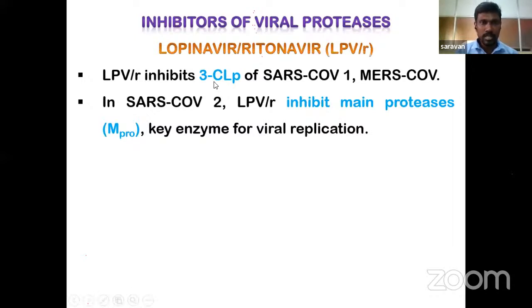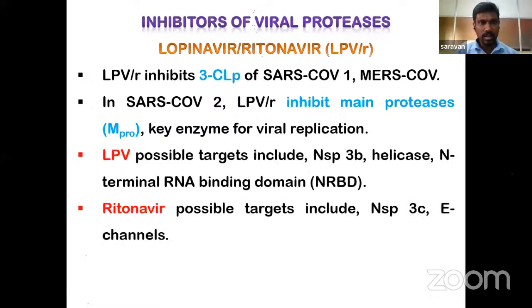They inhibit the main protease, that is 3-chymotrypsin like protease of SARS-CoV-1 and MERS-CoV, and now it is being employed for the management of SARS-CoV-2. They inhibit the main proteases, which are key enzymes involved in viral replication. I have already told you that the main proteases are 3-chymotrypsin like protease and papain-like protease.